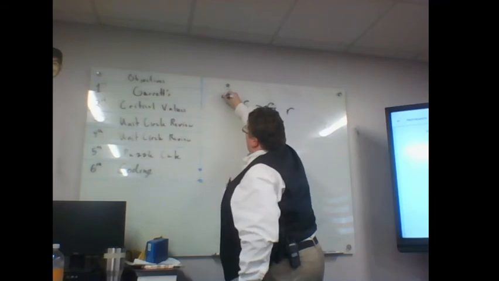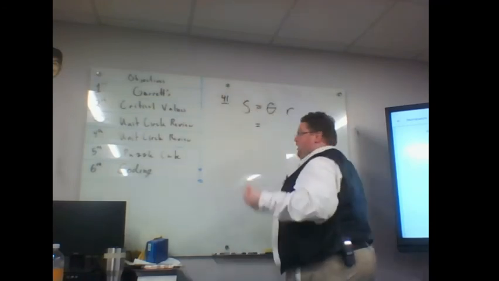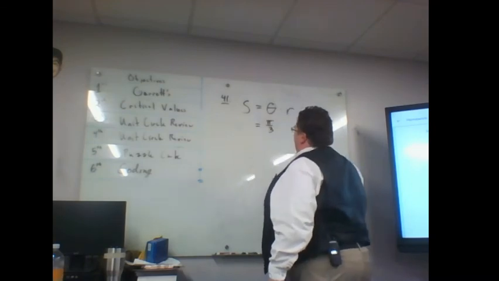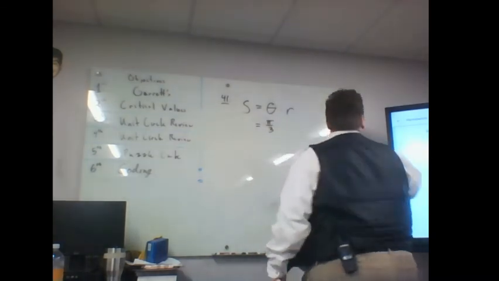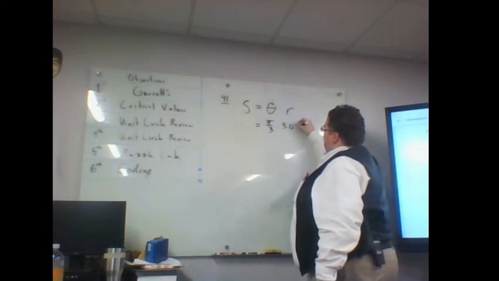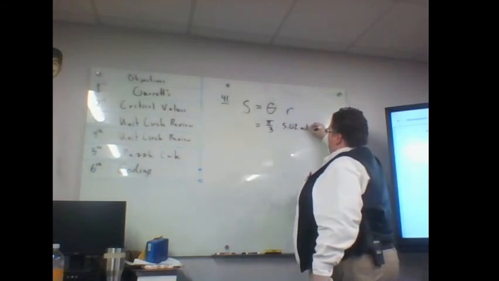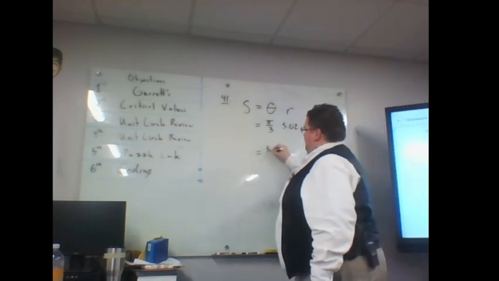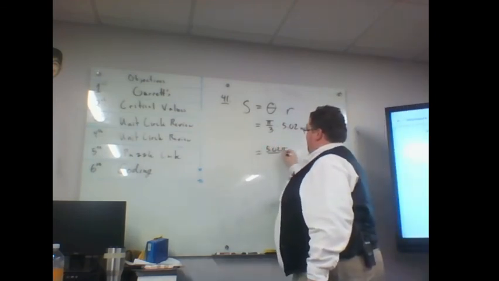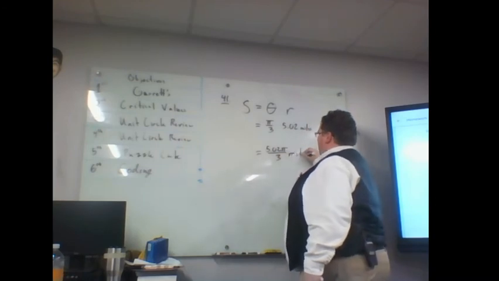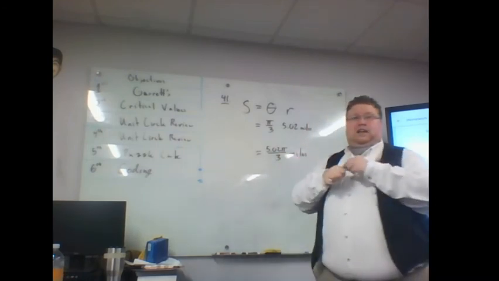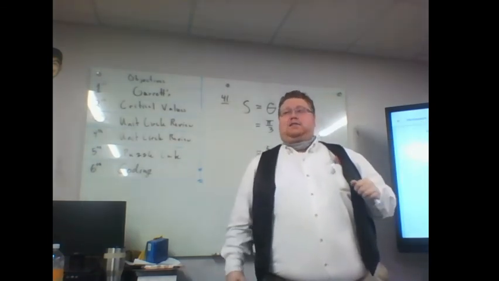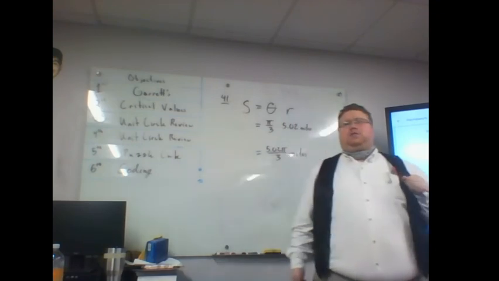For number 41, we already said that theta was going to be pi over 3. The radius, it says, is 5.02 miles. So my solution would be 5.02 pi over 3 miles. Now I believe the instructions state to round to 3 decimal places. You can. I honestly prefer this solution.